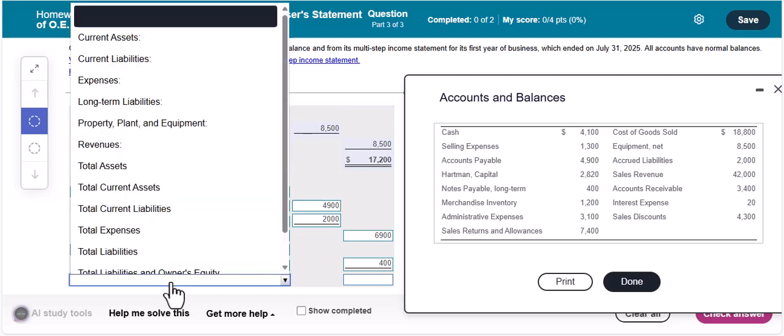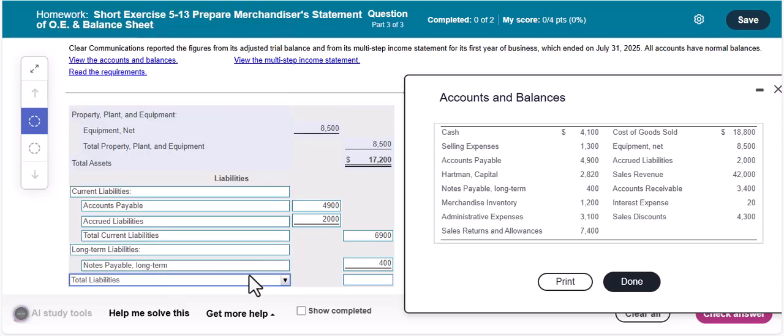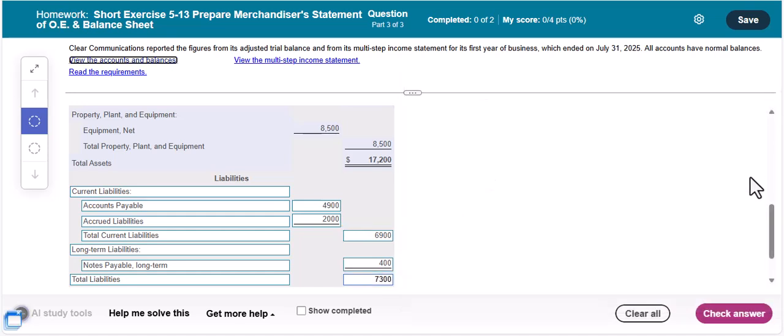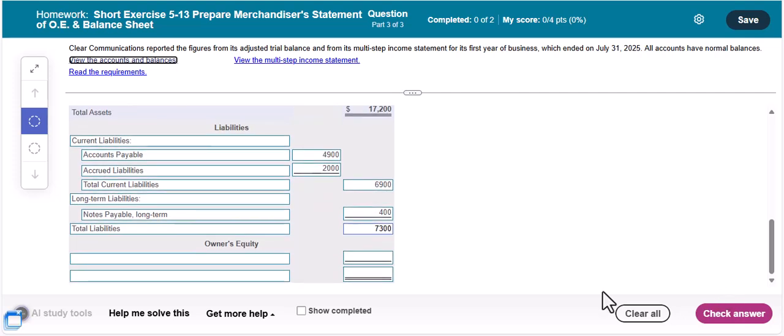So this is going to be total liabilities. That current liabilities amount of 6,900 plus the long-term liabilities total of 400 is going to give us 7,300. Let's go ahead and minimize this and check our answer. Oh, actually, it gives us the owner's equity section right away, so we can't do that yet.